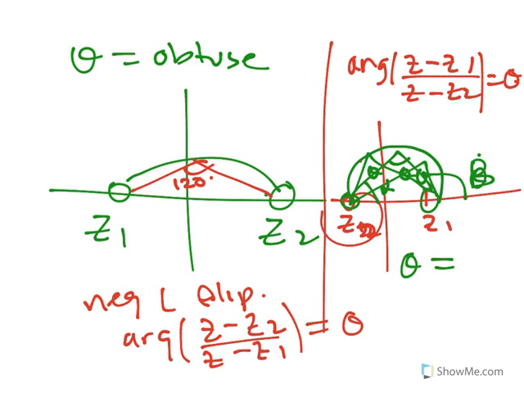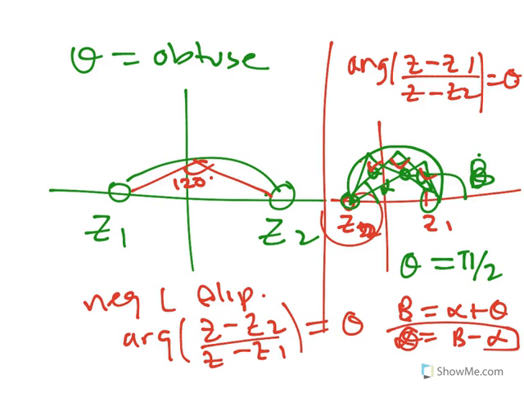If theta was equal to pi on 2, it would be a semicircle because the angle on the diameter is a right angle. So what that means is beta equals alpha plus theta, so theta equals beta minus alpha. Okay, that's using the exterior angle of a triangle. That's how it's originally proved.